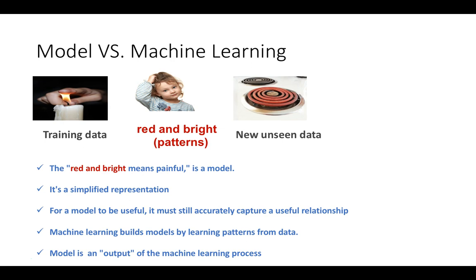So for a model to be useful, it must still accurately capture a useful relationship. It should not overcomplicate that, but at minimum it should capture it accurately. And machine learning builds those models by learning patterns from data. That's what we have been talking about. So a model is an output of the machine learning process.